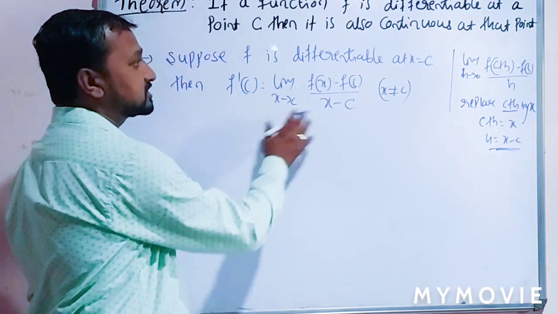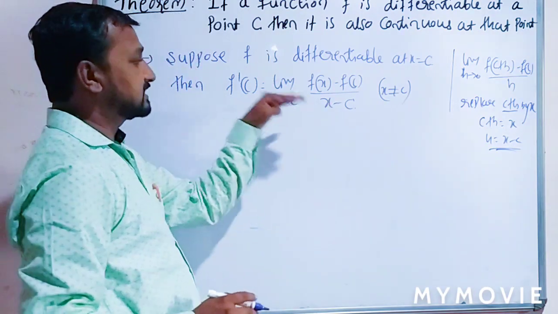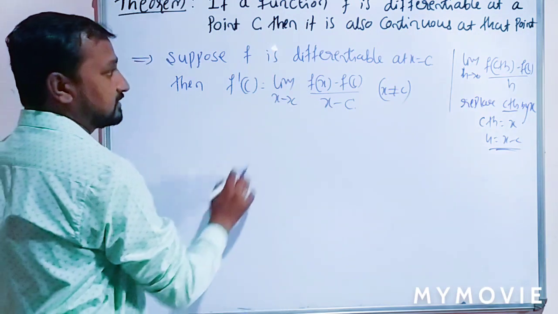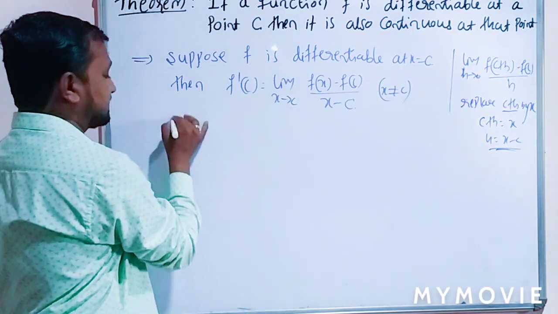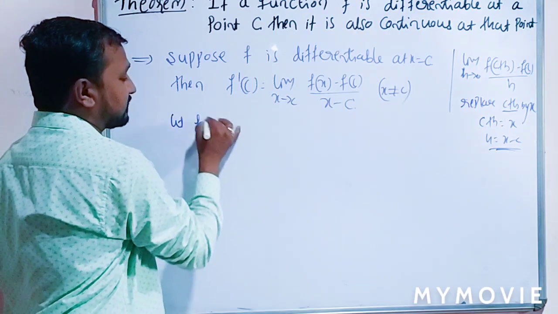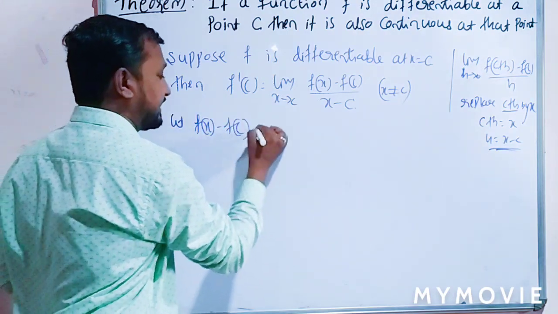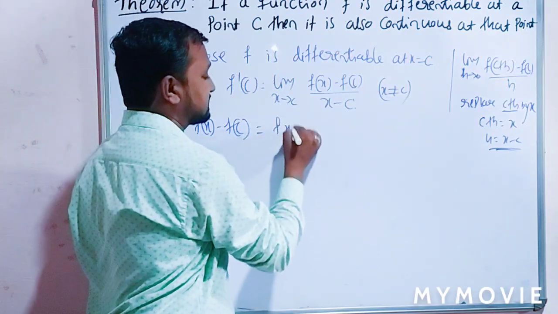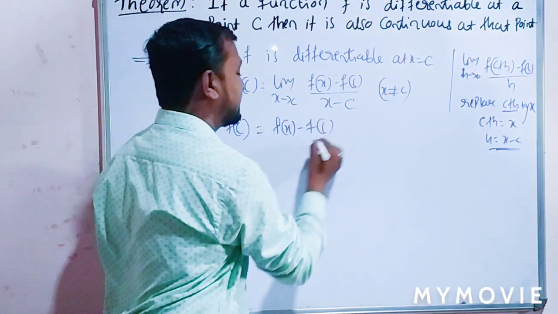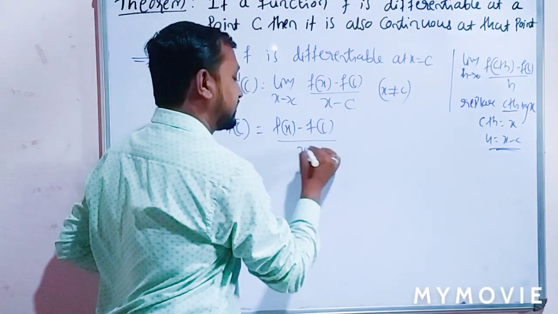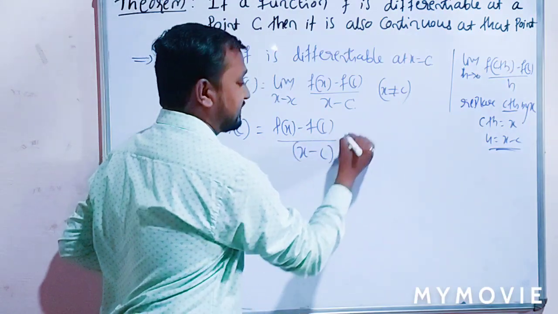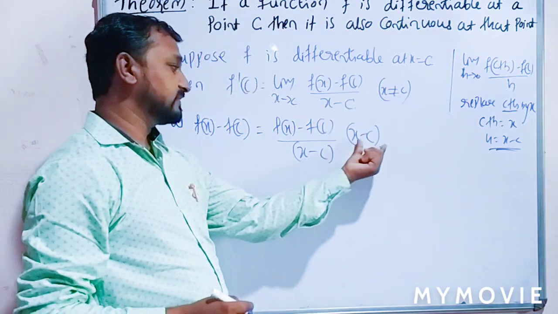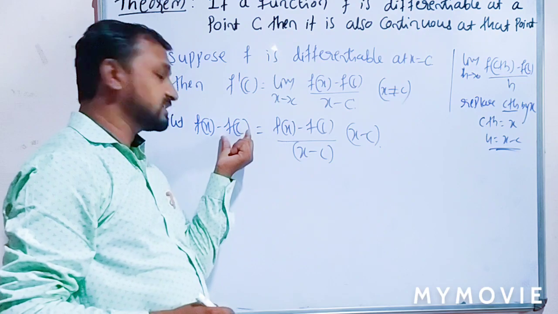Then this is a differentiable function. Then what we have to show is that this differentiable function should be continuous. Okay, first let us take f of x minus f of c. I can write f of x minus f of c, that is equal to, same keep as it is, f of x minus f of c, and one small adjustment, that is numerator and denominator are multiplied by x minus c, into x minus c. Okay, so again x minus c gets cancelled, the remaining is the same.